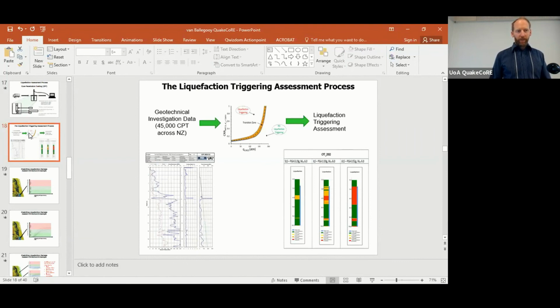Most of the case histories that have led into the development of these simplified procedures do indeed come from clean sands. There's been a lot of work also done on silty sands and silts, and there are correction procedures for when there are fines in the sand, and you make adjustments for those.